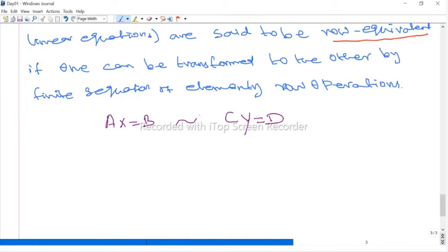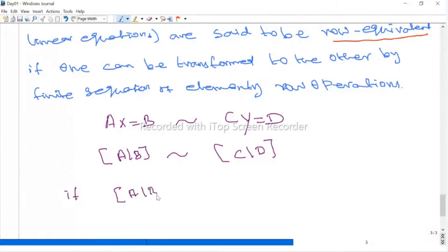That means the two augmented matrices, the augmented matrix AB here and the augmented matrix CD there, are row equivalent if you can start from this augmented matrix and apply some sequence of elementary operations, first kind, second kind, or third kind, any number of times, and finally get the matrix CD.